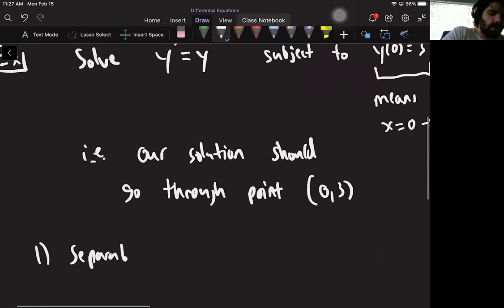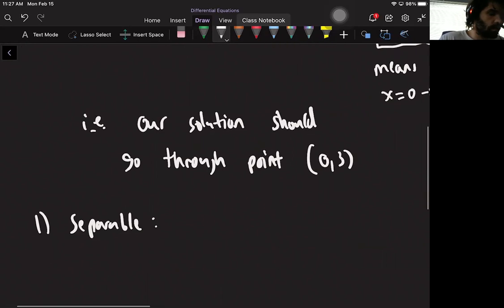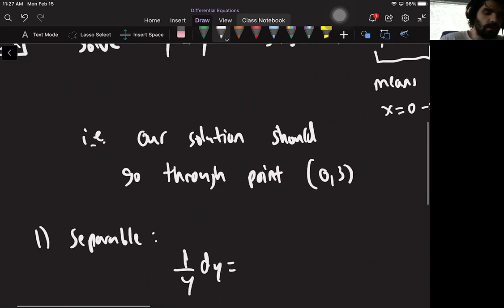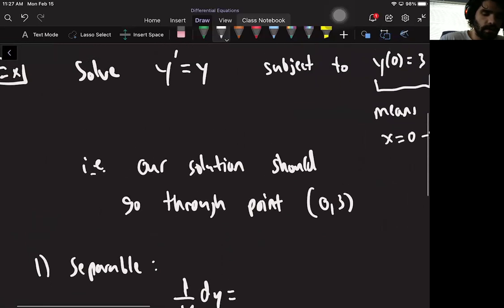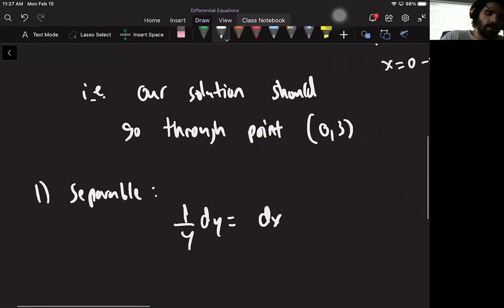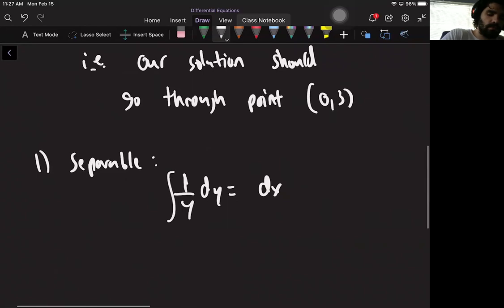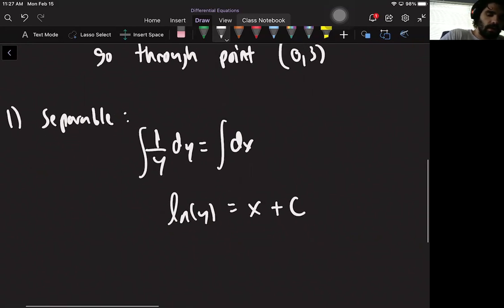This is separable, made nice and easy, so we can do it quickly. We just have to change it to dy/dx, divide the y over, and then integrate on both sides. The integral of 1 over y is ln y, which equals x plus a constant.